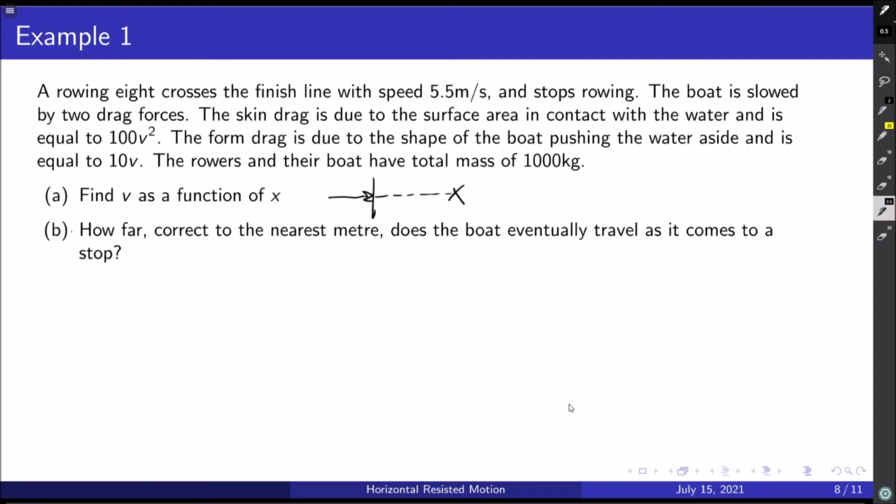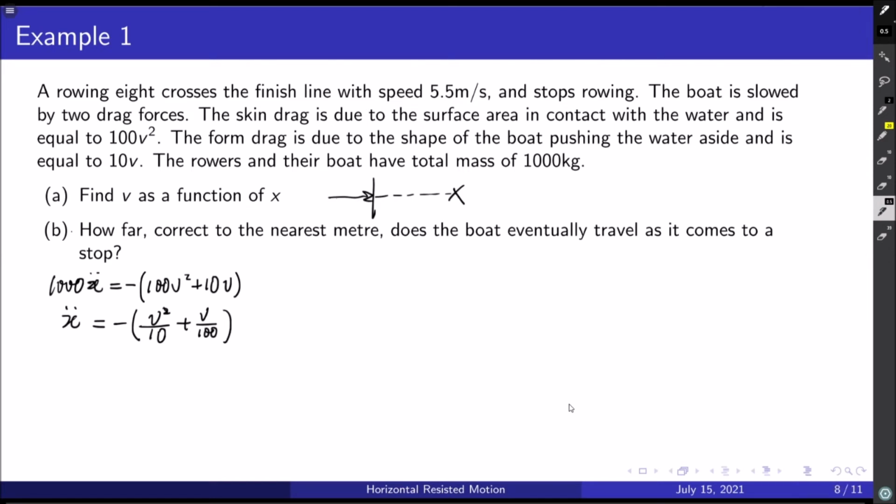Our mass is 1,000 kilograms, so 1,000 x double dot has to equal the opposite direction, so it's negative of 100 v squared plus 10 v. We divide everything by 1,000, so x double dot equals negative v squared over 10 plus v over 100.